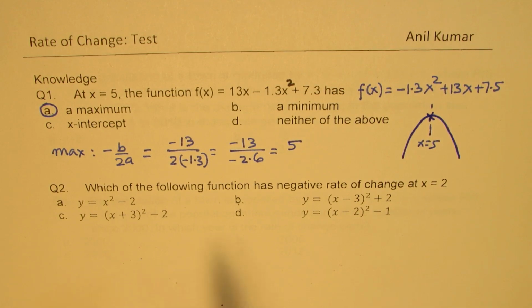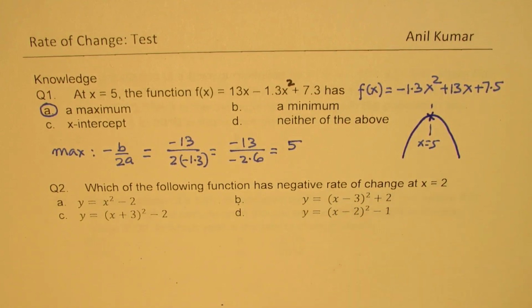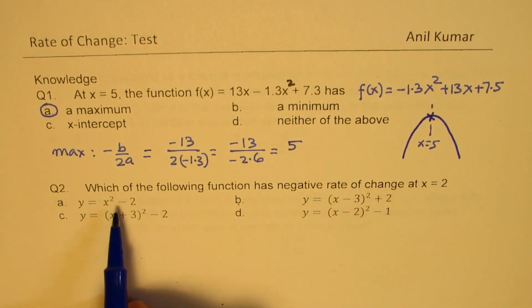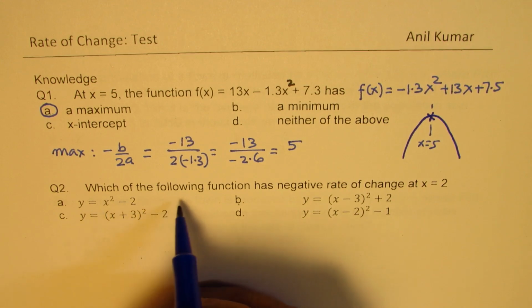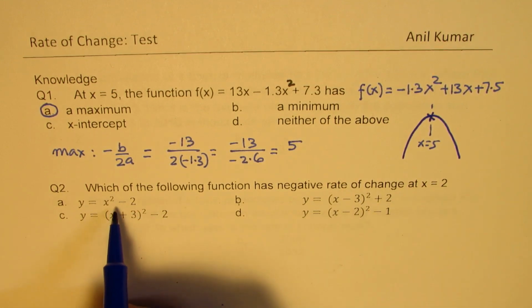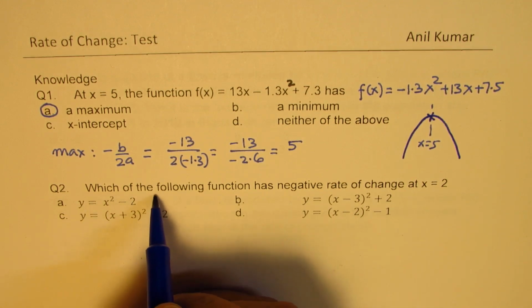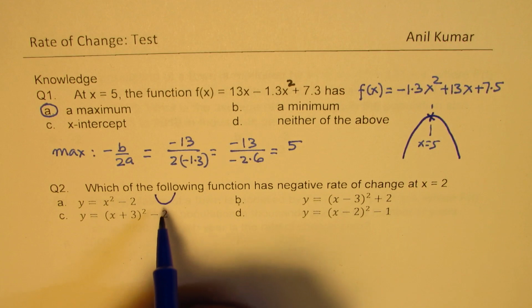Correct? Question number 2. Which of the following functions has a negative rate of change at x equals 2? Negative rate of change means the slope will be coming downwards, right? The first one is x squared minus 2. We are looking at x equals 2. This first one is a parabola which is opening upwards.